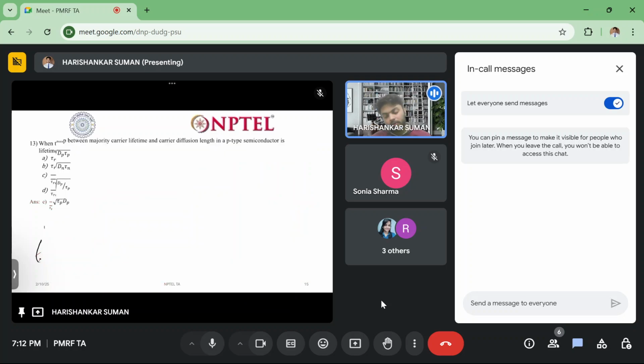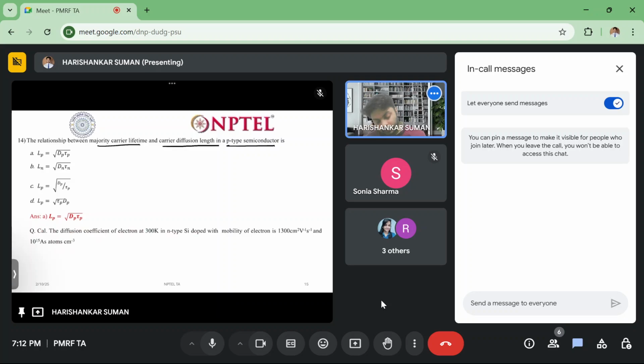Next question: the relation between the majority carrier lifetime and carrier diffusion length in p-type semiconductor is. This is the formula, but we will discuss the question here. Calculate the diffusion coefficient of electrons.